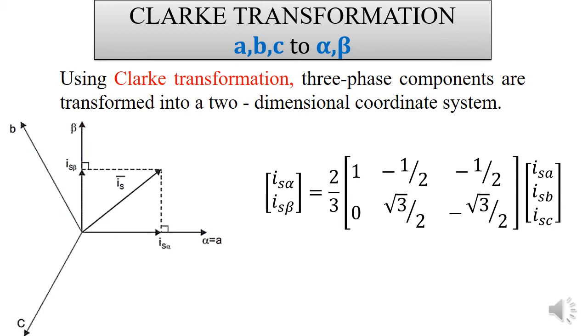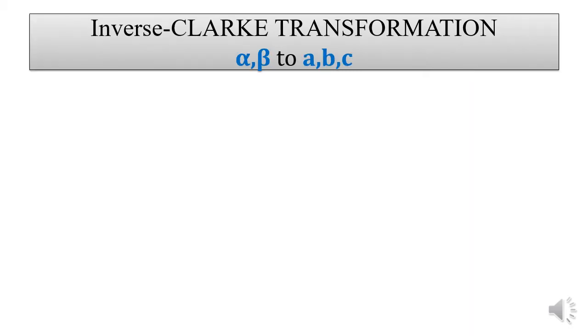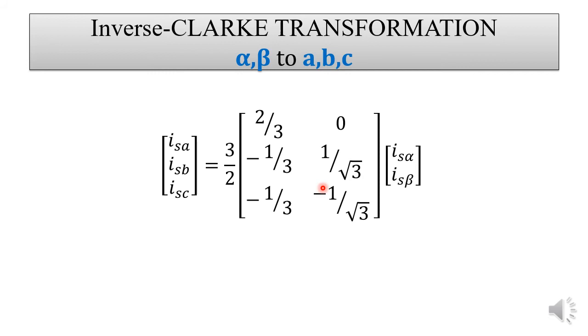For that purpose, we have an inverse transformation matrix. This is the inverse transformation matrix. So, in inverse Clarke transformation, the alpha beta system is converted back to ABC system using this transformation matrix. This we will discuss later.